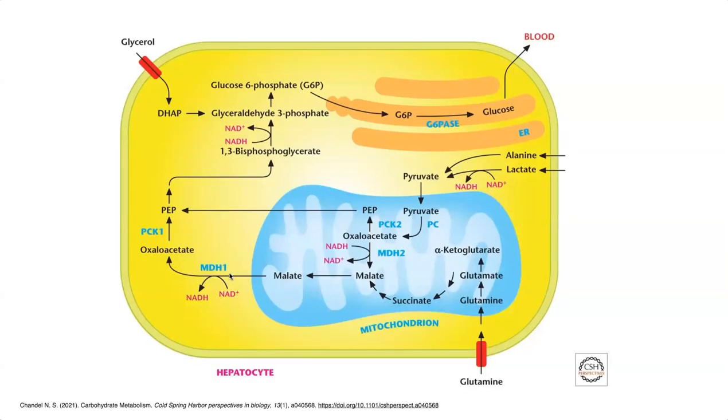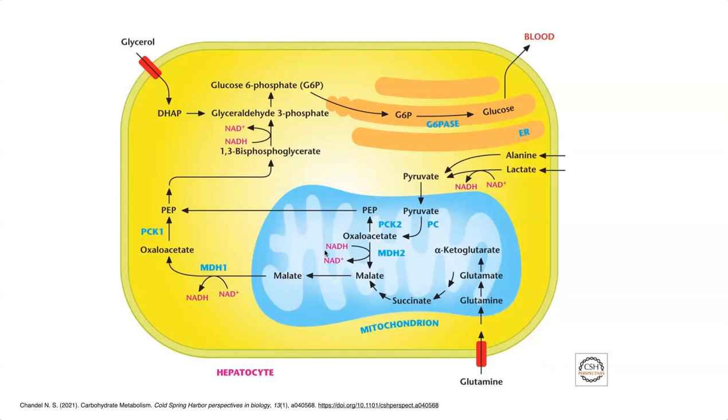When you ship out the malate, you can use malate dehydrogenase to oxidize the malate to oxaloacetate. And here you're generating the NADH in the cytoplasm. You didn't need to do that step when you went in through lactate because there you're already generating NADH in the cytoplasm.